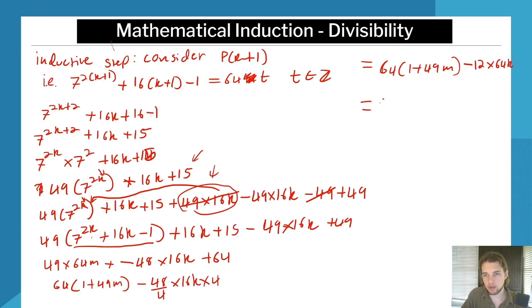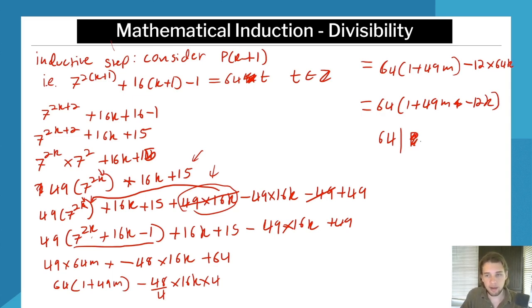So we can put everything in these brackets with 64 on the outside: 49m plus or minus 12k. Now, this allows us to immediately say everything must be divisible by 64, obviously, because we have that outside the brackets, and m and k are both integers.